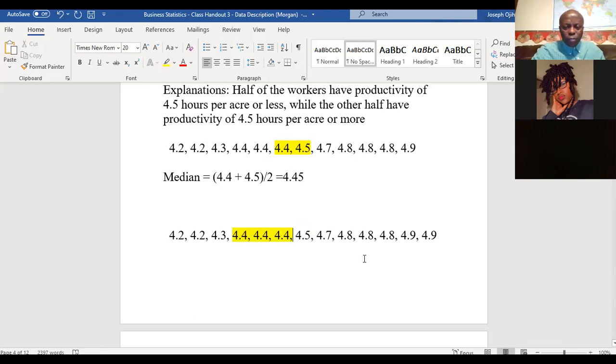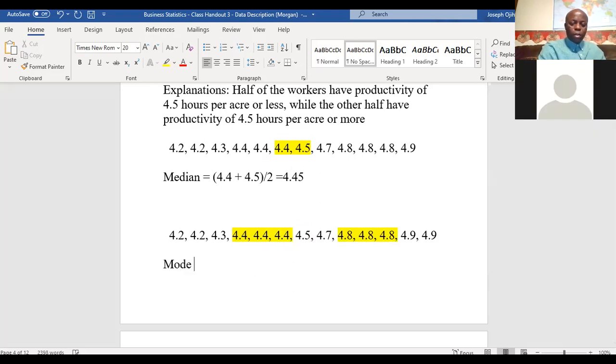But we also have that 4.8 occurred an equal amount of time. So that means we have 2 modes. The mode equals 4.4 hours per acre and 4.8 hours per acre.